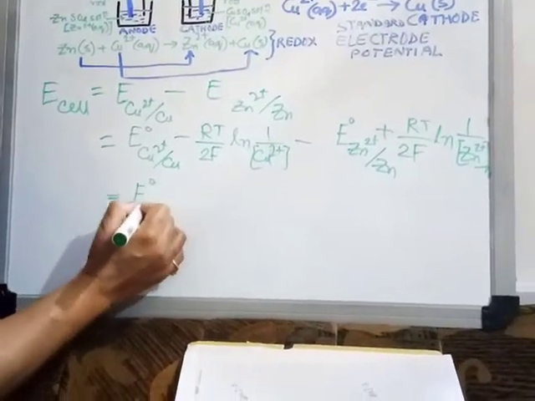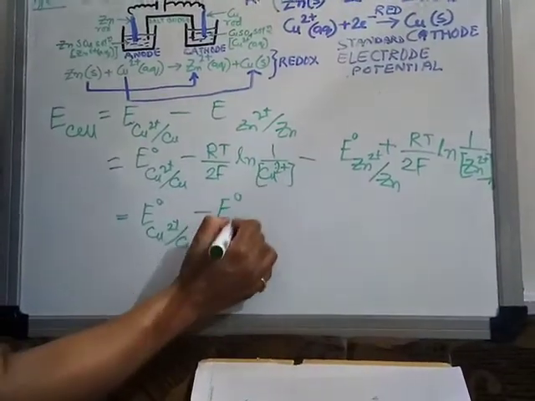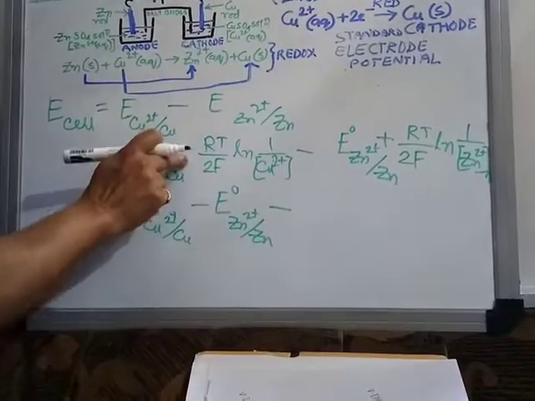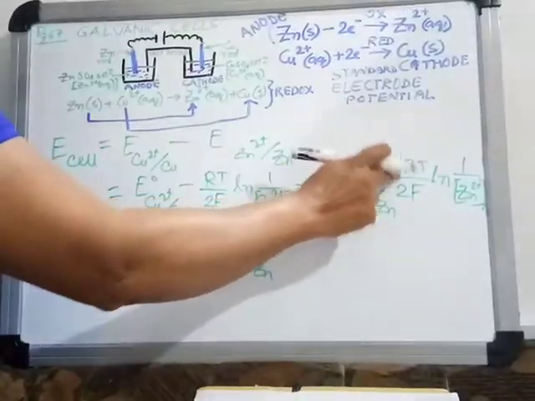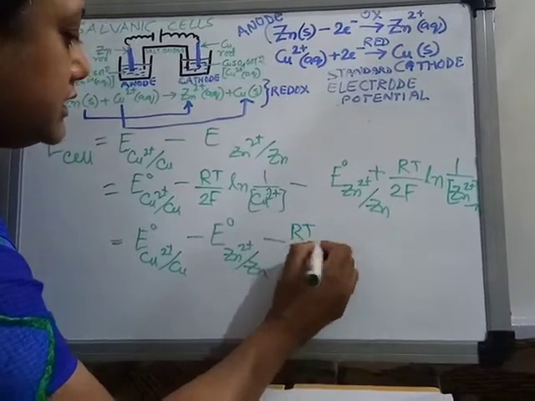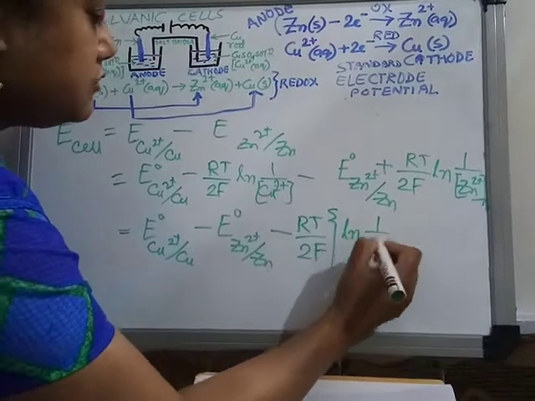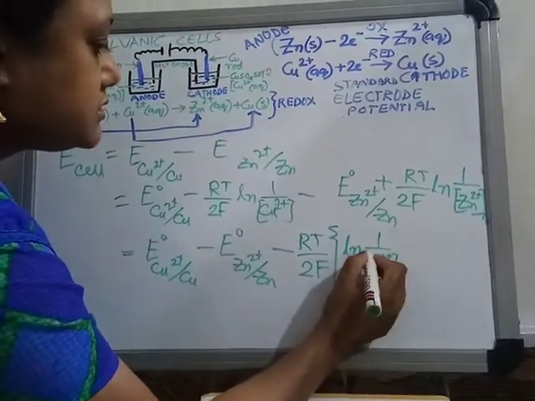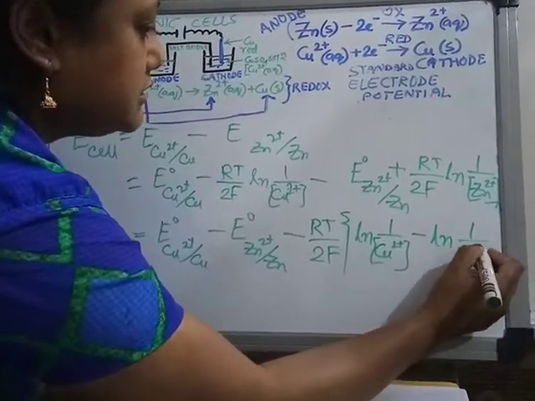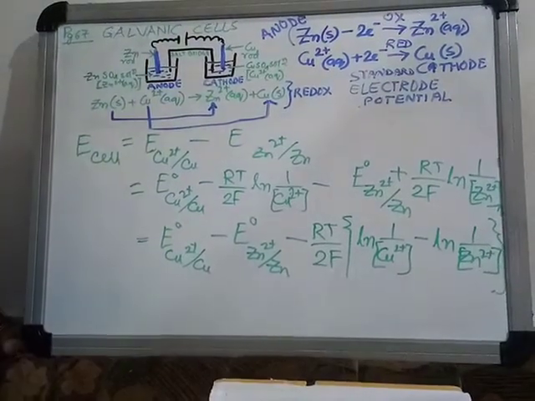So it is E0 Cu2+ | Cu minus E0 Zn2+ | Zn minus, can we not take RT by 2F common between these two? So we have RT by 2F and inside the curly bracket we have ln of 1 by Cu2+ concentration minus ln of 1 by Zn2+ concentration. So this is what we are having.